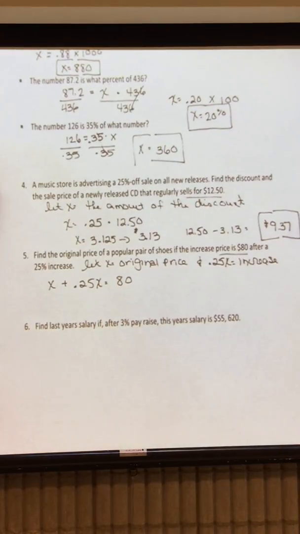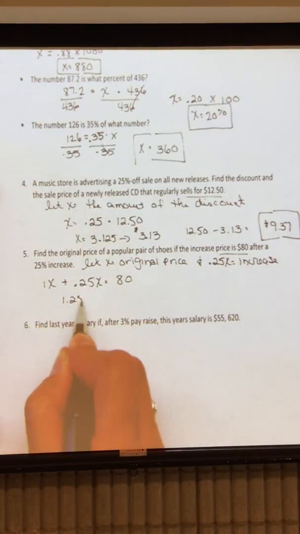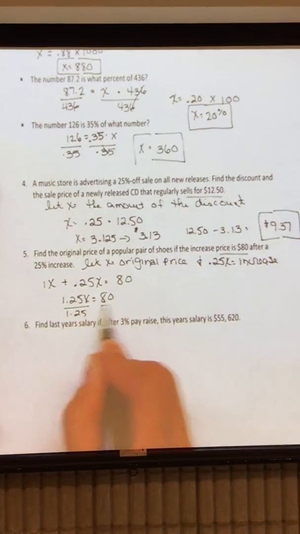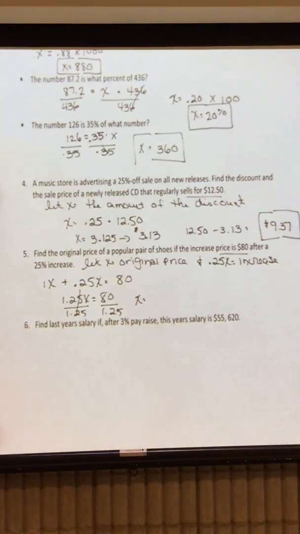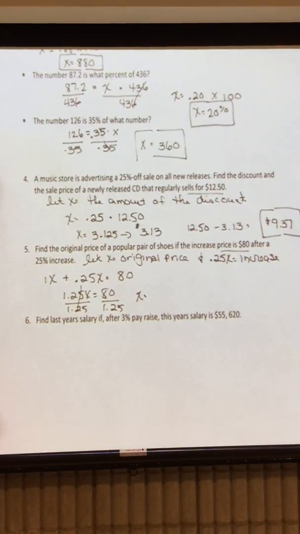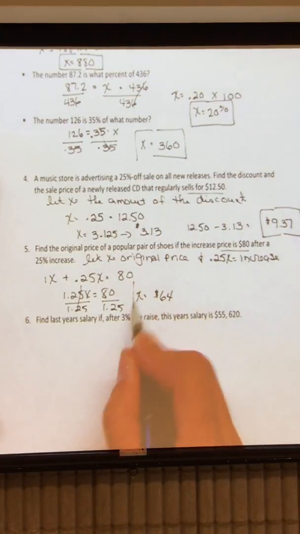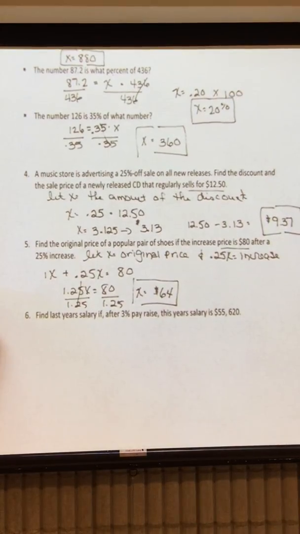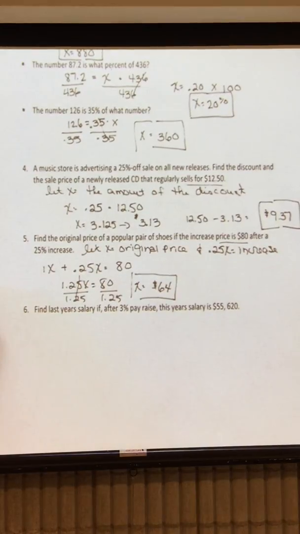So combining like terms, again there's a 1, so you have 1.25x is equal to 80, divide both sides by 1.25, and 80 divided by 1.25 is equal to $64. So therefore, $64 is the original price of the shoes if the increased price is $80 after the 25% increase.